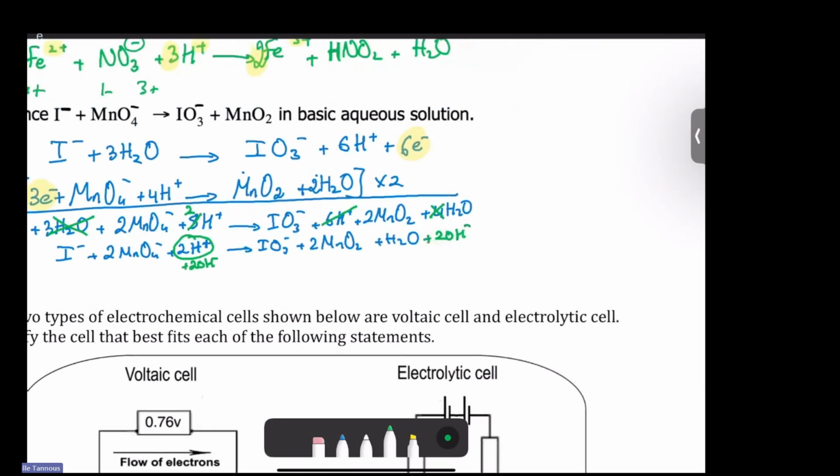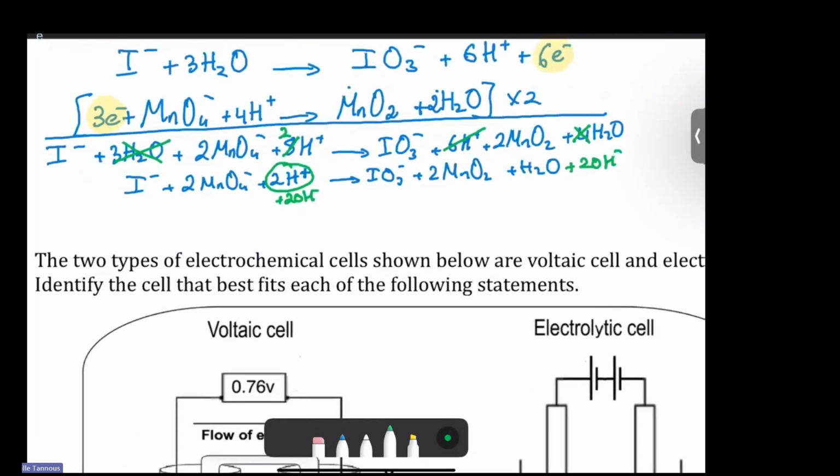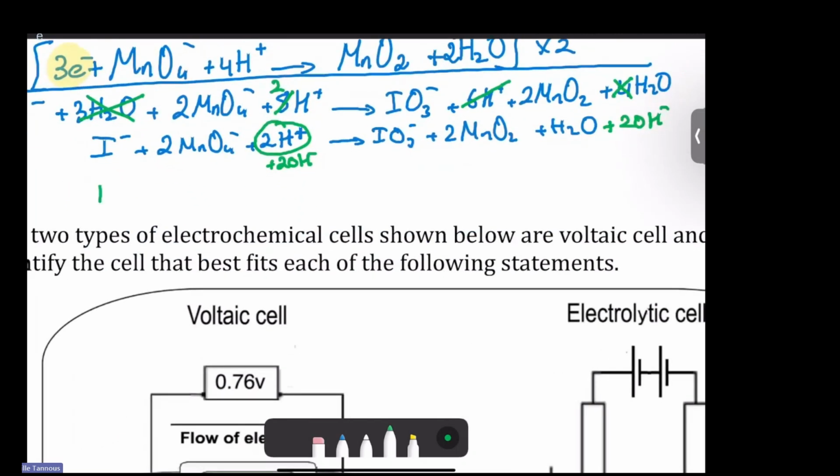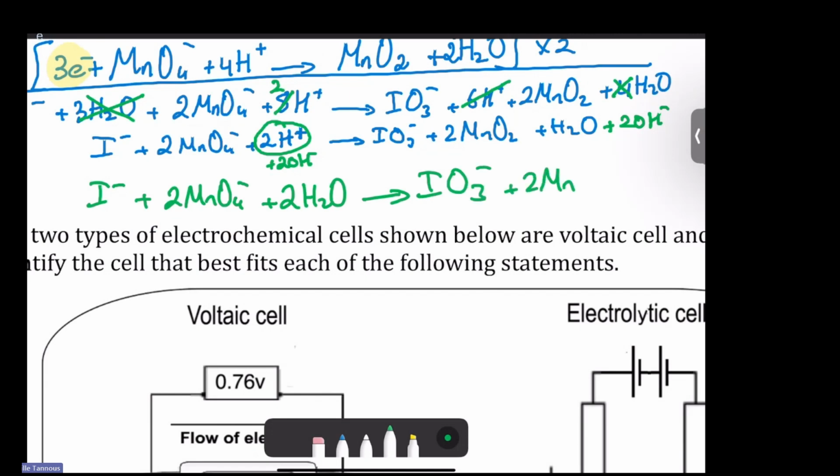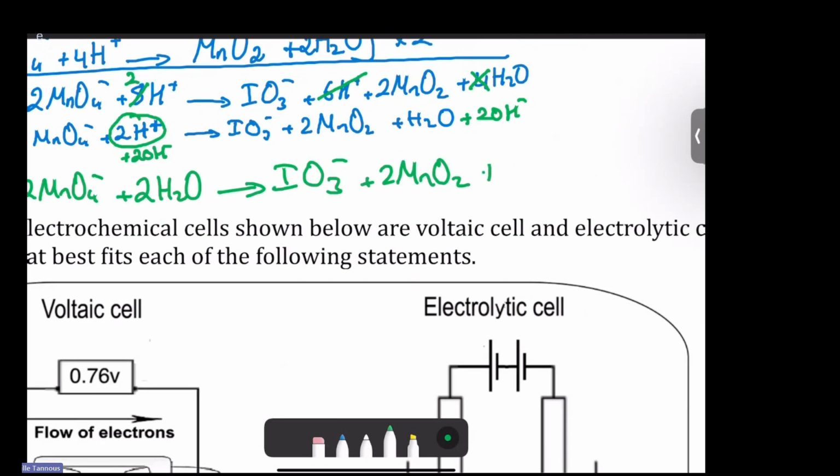Now, we know that every H plus added to OH minus makes an H2O molecule. So you copy again: I minus, 2MnO4 minus, plus 2H2O, giving IO3 minus, 2MnO2, H2O, and 2OH minus.